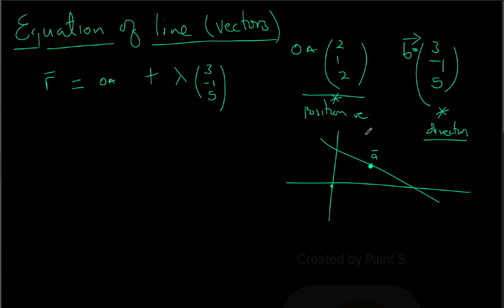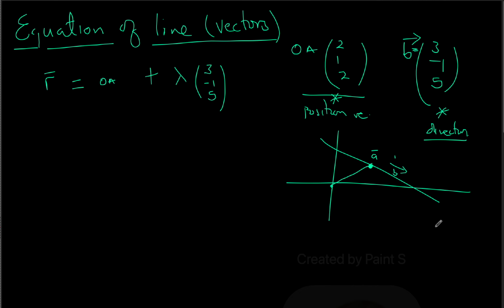We have a fixed point on the line, which is a positional vector 2, 1, 2. Then we have the directional vector, the vector that is parallel to this line. So this can be B, our directional vector.